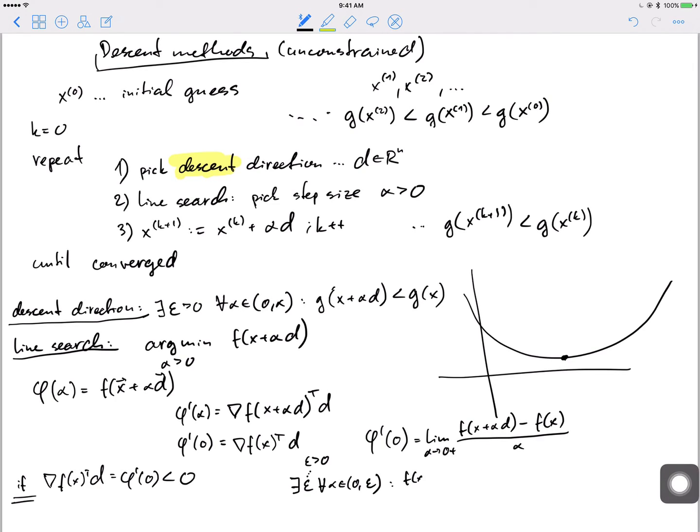Okay, so f of x plus alpha d minus f of x, divided by alpha, has to be negative.